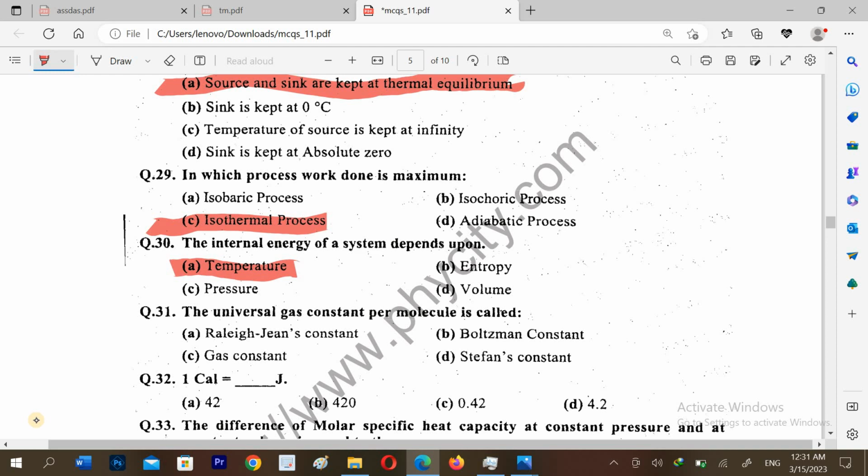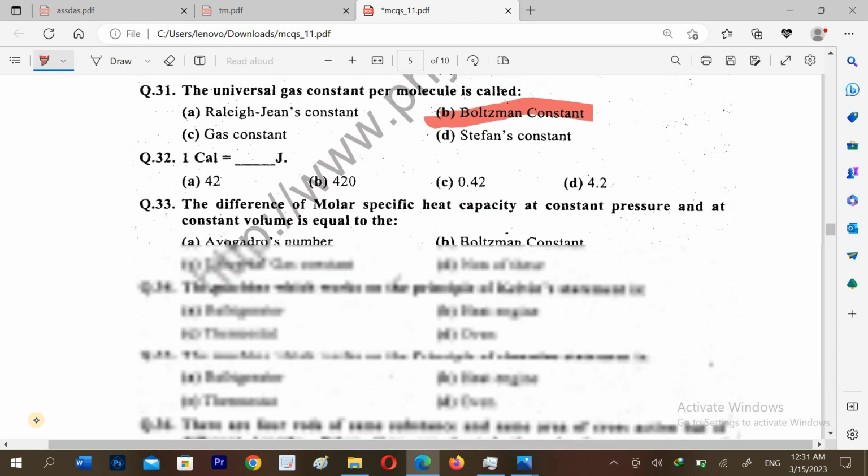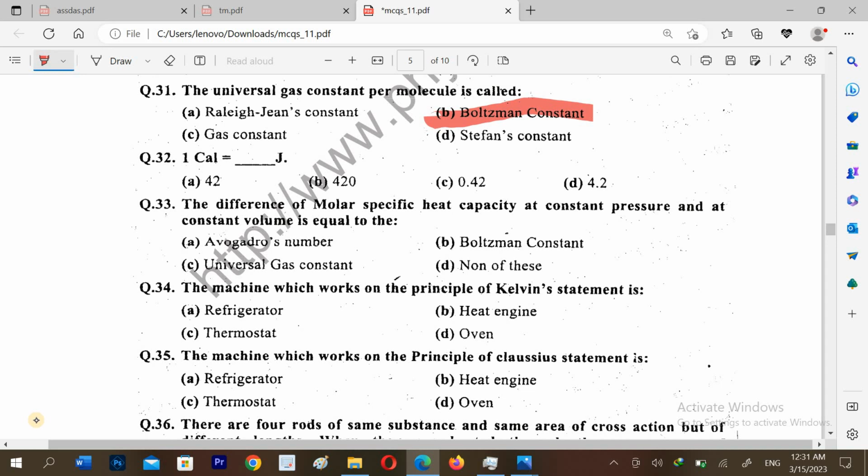The universal gas constant per molecule is called... B. The difference of molar specific heat capacity at constant pressure and at constant volume is equal to the... C. The machine which works on the principle of Kelvin statement is... B. The machine which works on the principle of Clausius statement is... A.